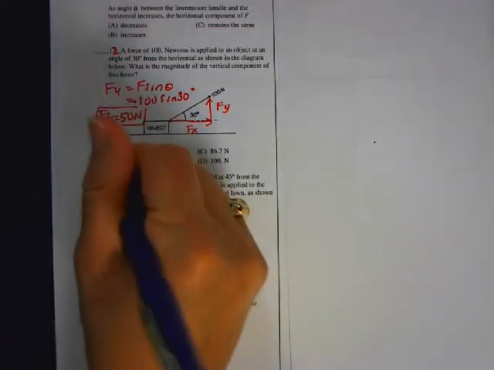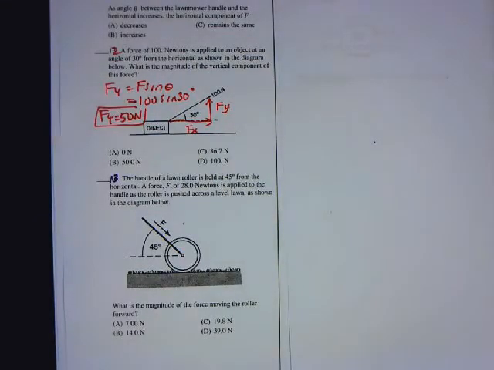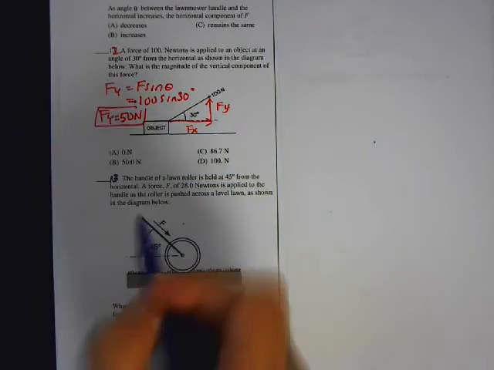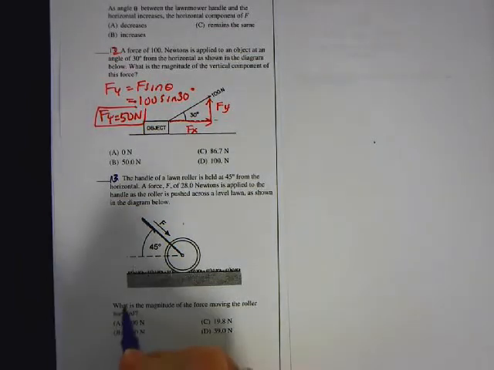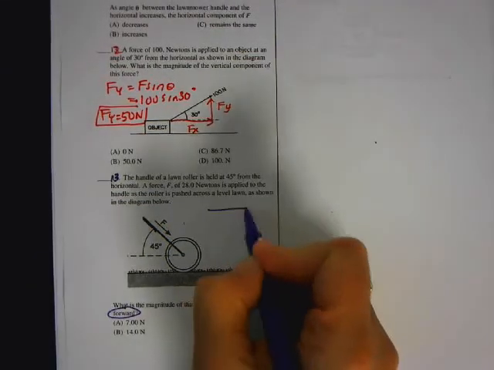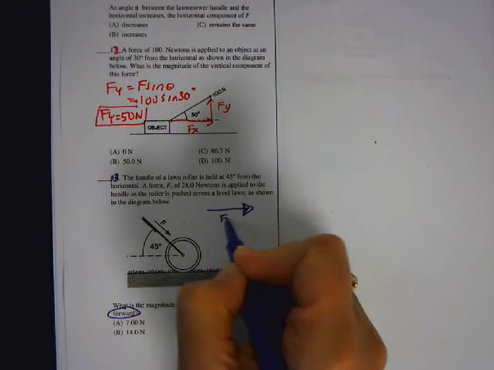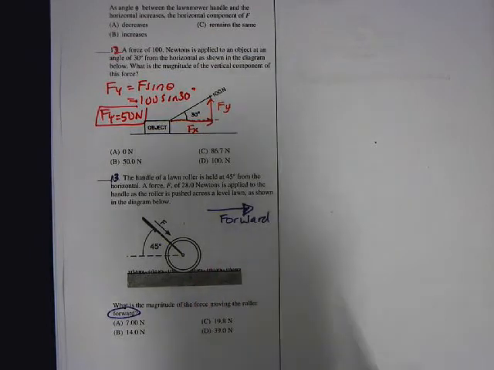This is number 13. It says the handle on a lawnmower is held at 45 degrees. A force F of 28 newtons is applied to the handle. So that's this force here, as the roller pushes across the lawn. What is the magnitude of the force moving the roller forward? So forward is this way. That's forward. And that is the x component.